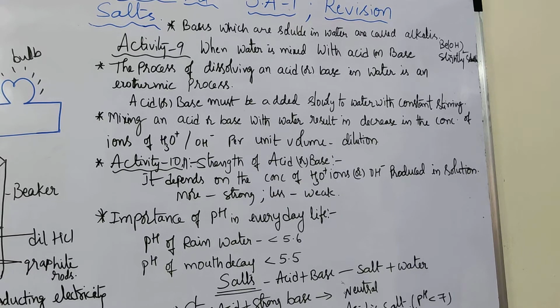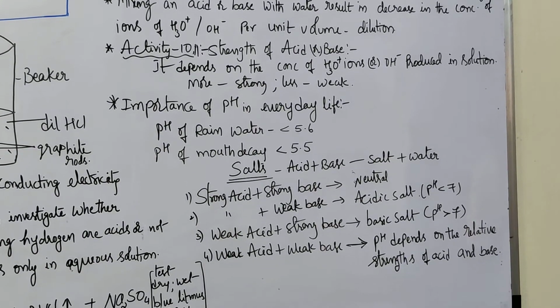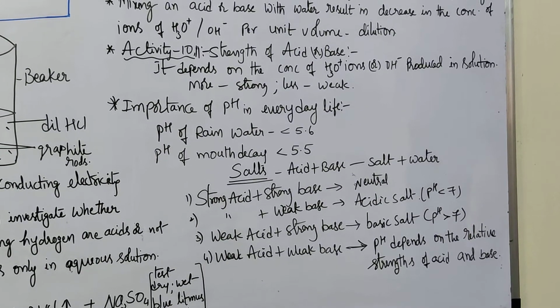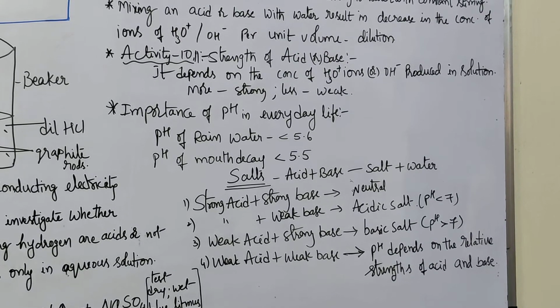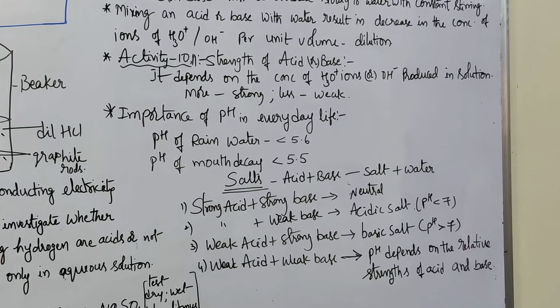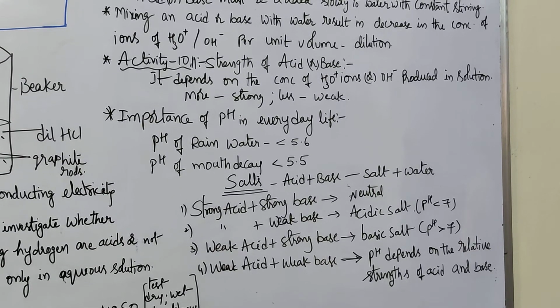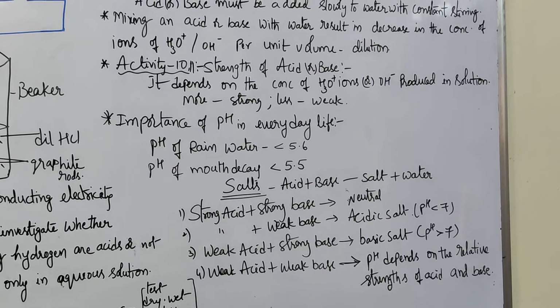If a strong acid combines with a weak base, then the salt is acidic in nature and the pH value is less than 7. When a weak acid combines with a strong base, the salt is basic in nature and the pH value is greater than 7. If a weak acid and a weak base combine, the type of salt depends on the relative strength of the acid and base.